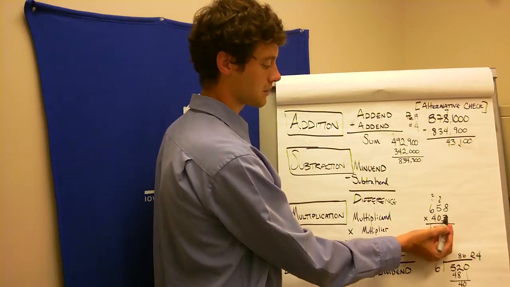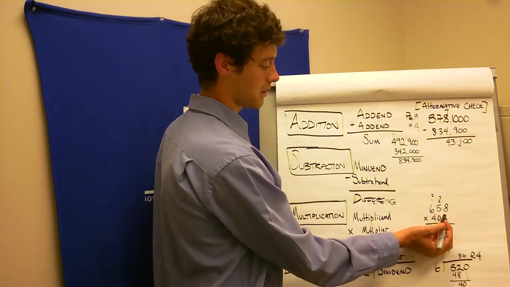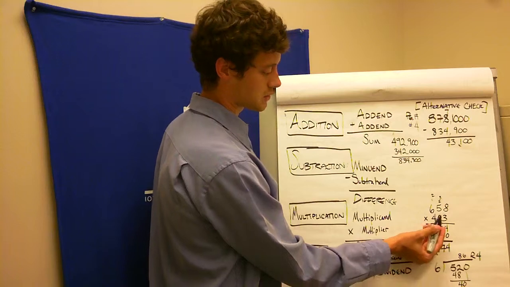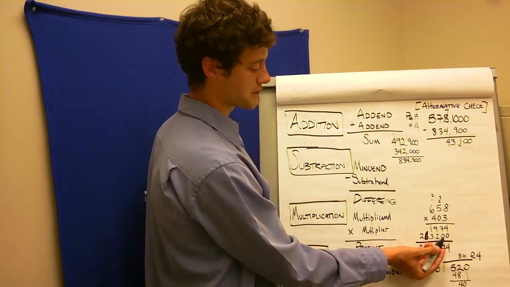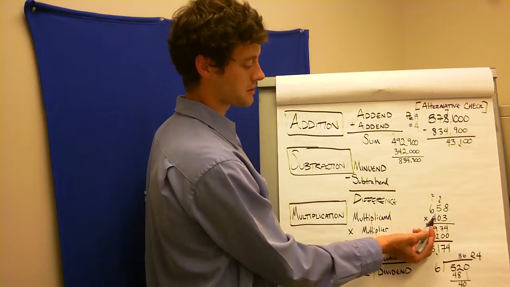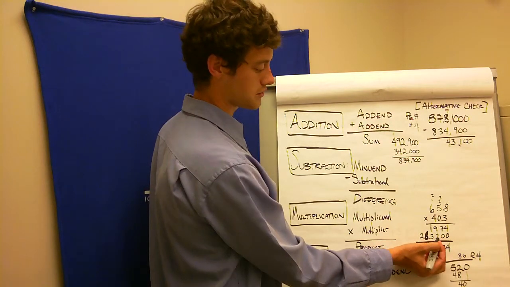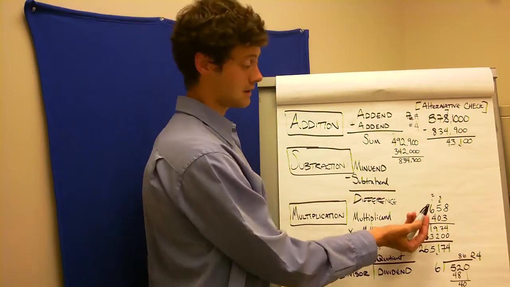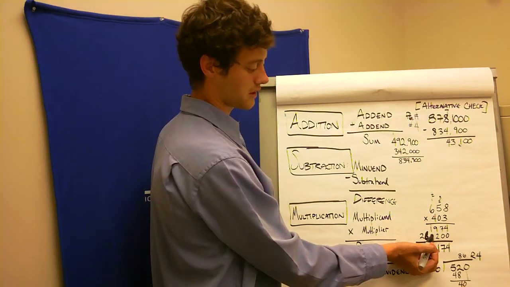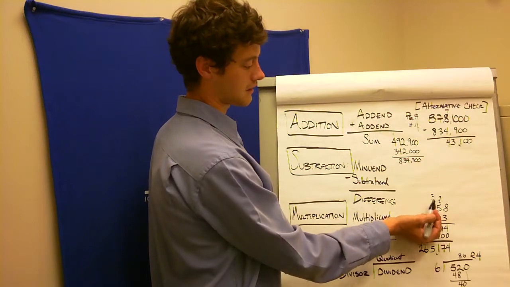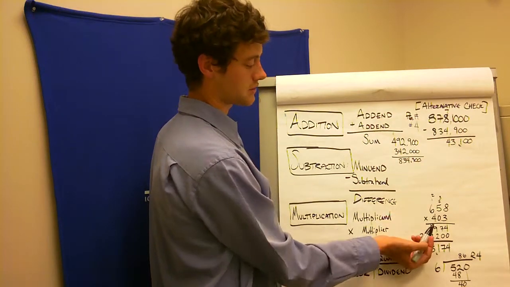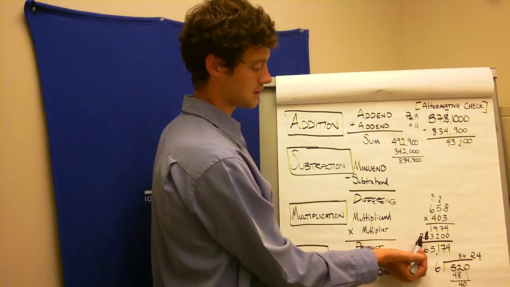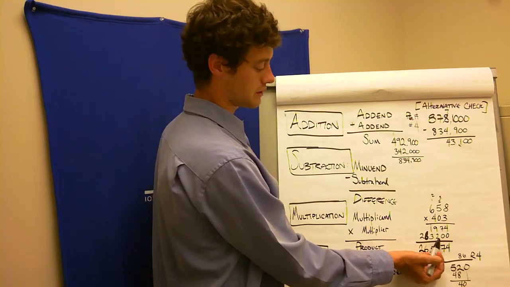Now we move on to the next number, so we carry our 0, and we start, oh look, it is a 0, so we just drop it down. So we now have 2 zeros, and we're going to go to the next number. So 4 times 8 is 32, so I write down my 2, and I carry my 3. 4 times 5 is 20, plus 3 is 23, so I have my 3, and I carry my 2. 4 times 6 is 24, add my 2 is 26, I have my 26, 3200.